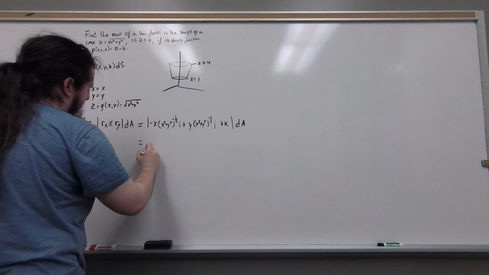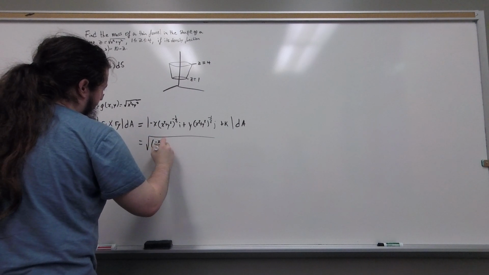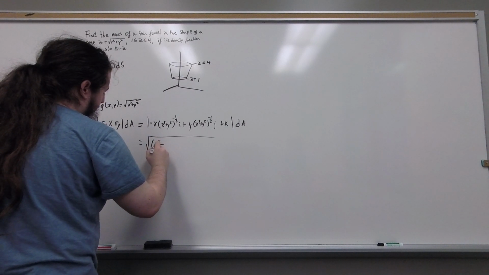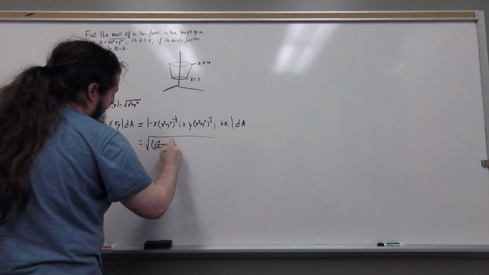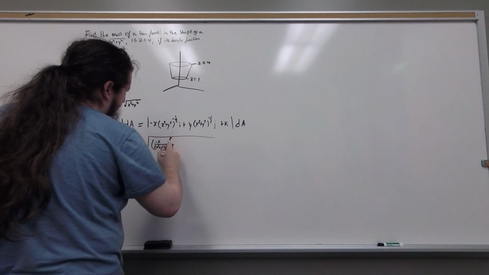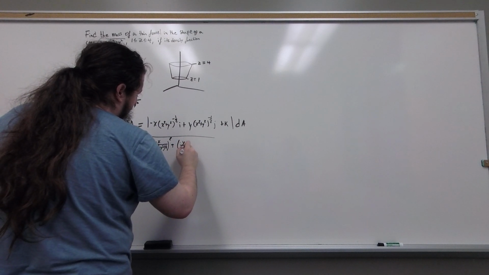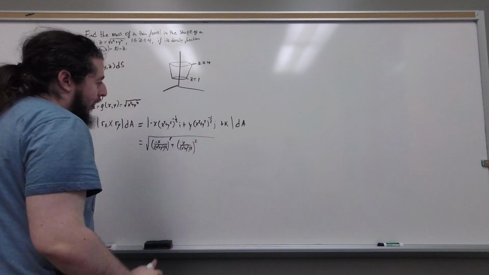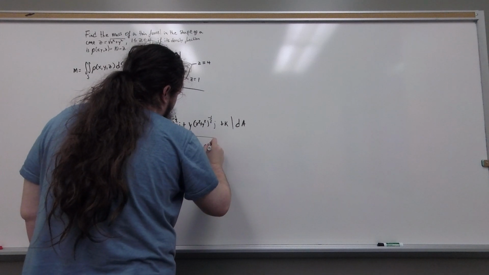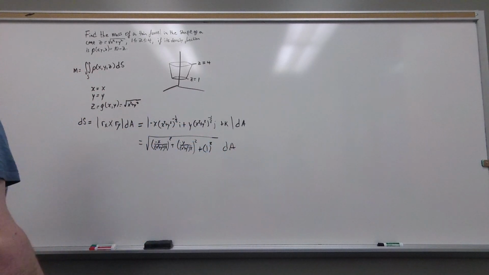This is equal to the square root of (minus x over (x squared plus y squared) to the 1/2) quantity squared, plus (y over (x squared plus y squared) to the 1/2) quantity squared, plus 1 squared. So this is what our dS will turn into.